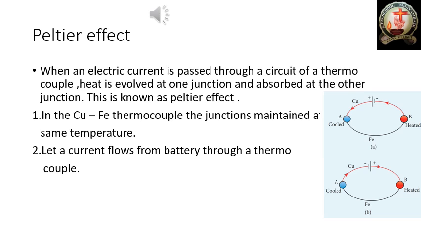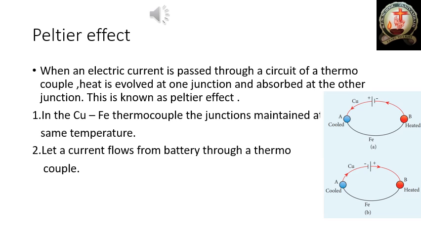At the same time, the current is flowing from ferrous to copper at junction B. Please see diagram A only. At junction A, current is flowing from copper to ferrous; you can identify the arrow mark.